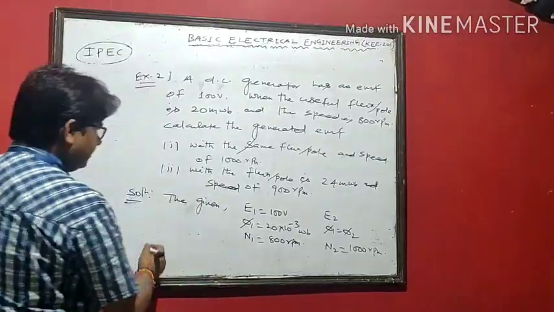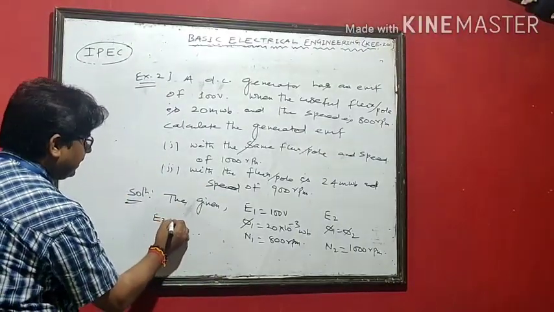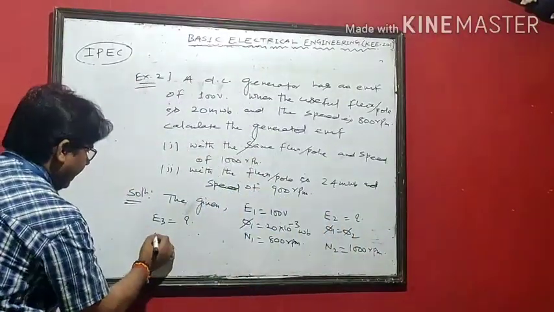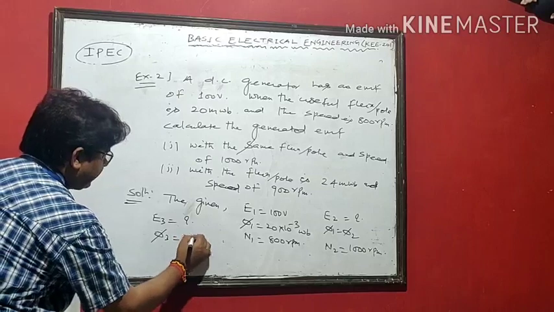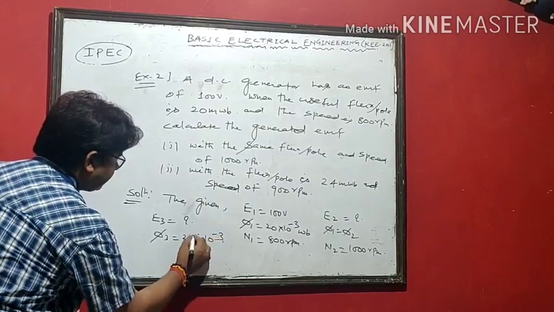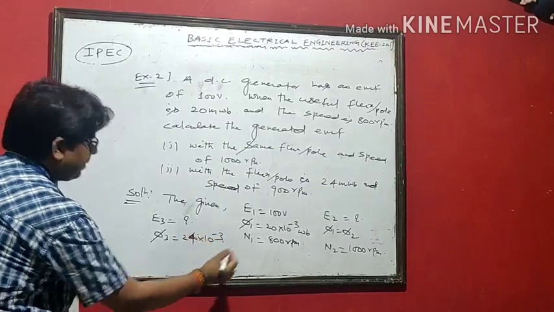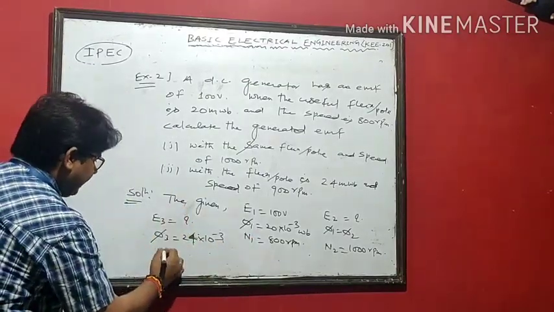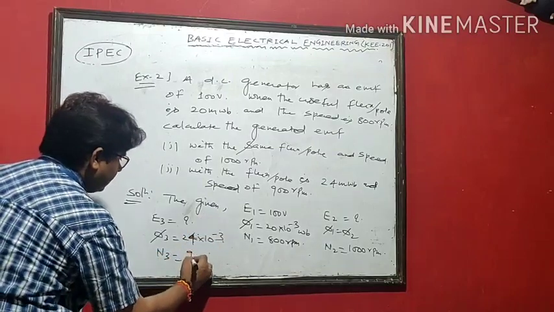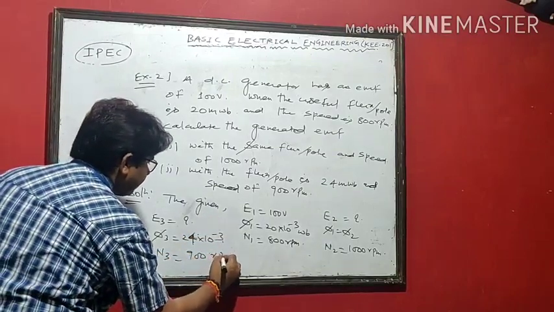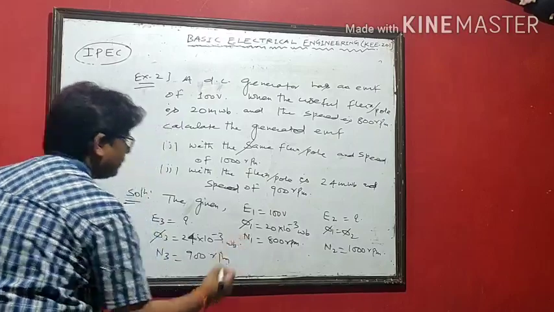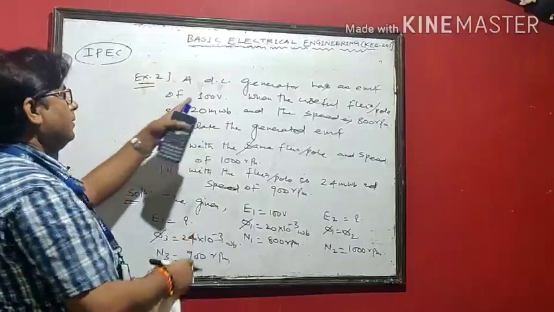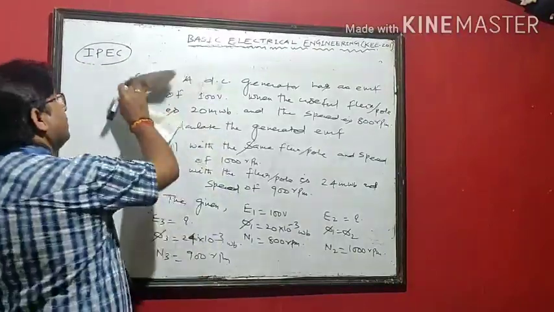And second, what is the value of E3 when phi3 equal to 24 × 10 to the power minus 3 Weber and speed N3 equal to 900 rpm? Is the question clear?